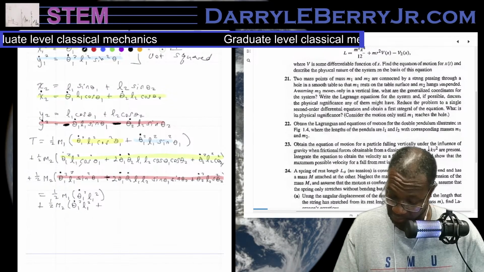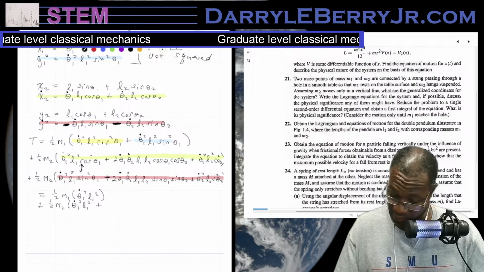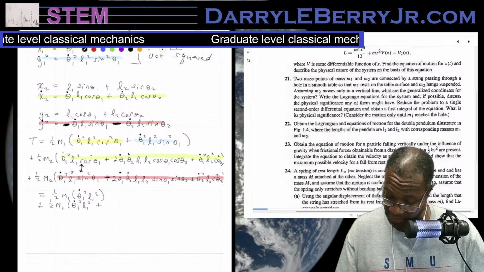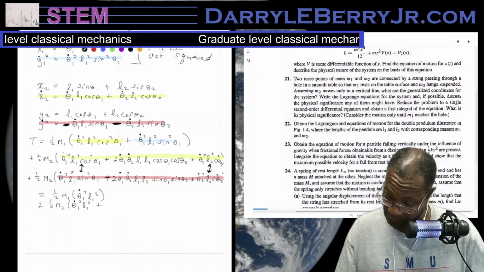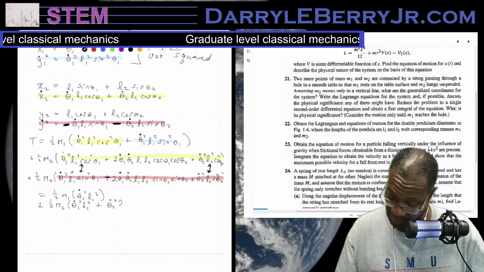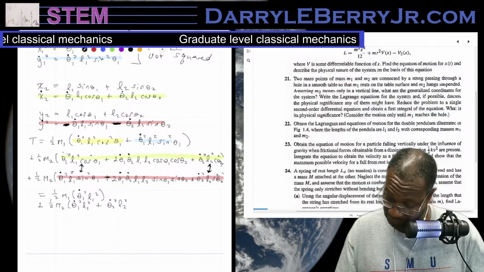I'm just going to add according to the one above it, which cancels out. Plus, now I'll do this one next. Theta 2 dot squared L2 squared. All right, that works out.